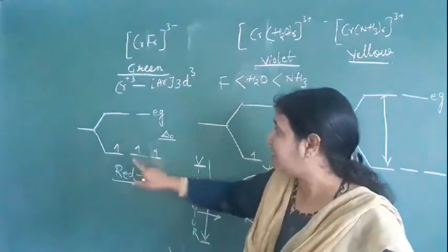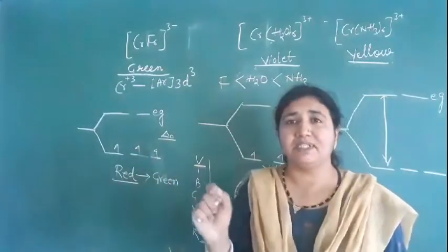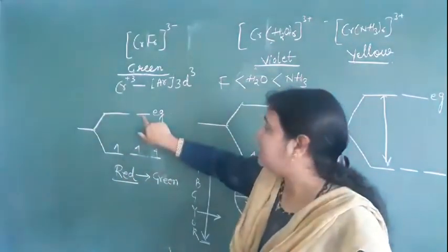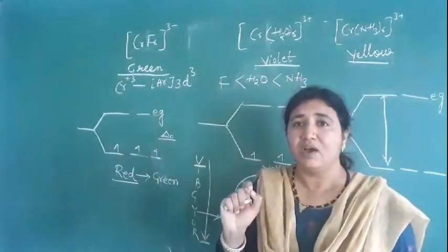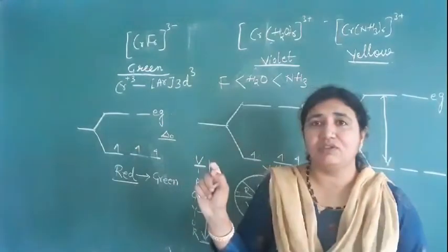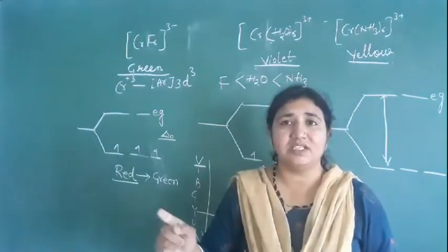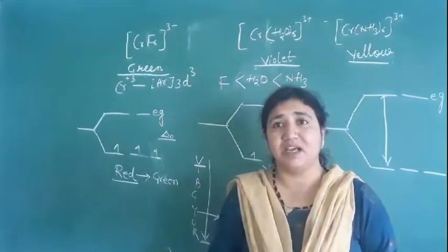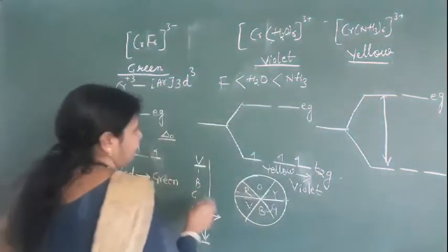So for d-d transition, an unpaired electron should compulsorily be there in the metal, and the Eg set should also be empty. If all the orbitals are filled with electrons, there is no d-d transition and no color formation takes place. For example, here we have two compounds.